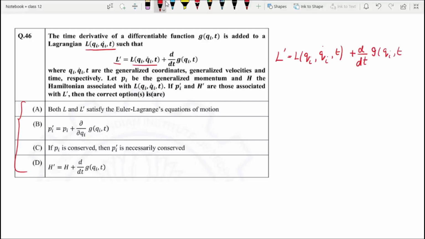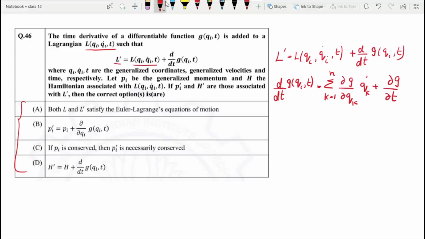Then we will see what is the time derivative of the given function g of qi, t. That will be equal to the summation over k from 1 to n of del g by del qk times qk dot, plus del g by del t.